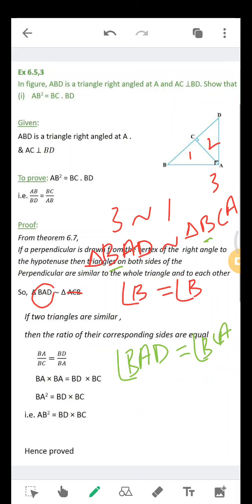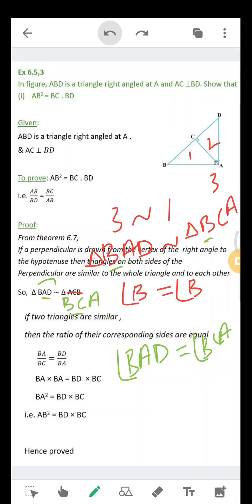So BA by BC. Now you can see these two triangles. If I name this triangle as triangle BCA, now we'll take the ratio. BA by BC, the first ratio, then comes first and last, BD by BA.